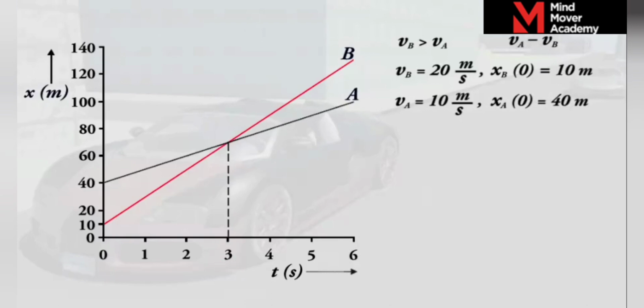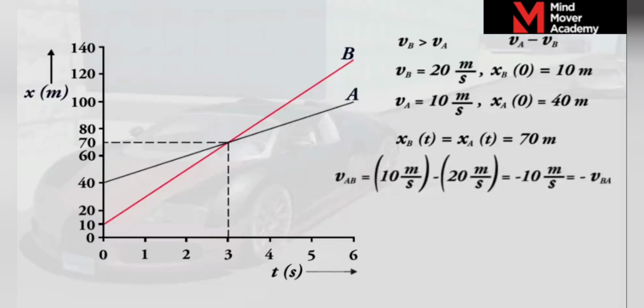At this instant, they are both at a position XB(t) is equal to XA(t) is equal to 70 meters. Thus, object B overtakes object A at this time. In this case, VAB is equal to 10 meters per second minus 20 meters per second is equal to minus 10 meters per second is equal to minus VBA.